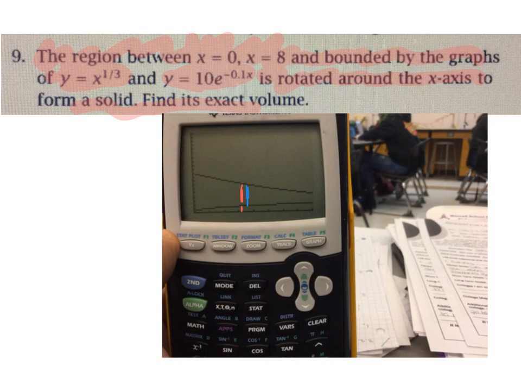So let's write down pi r squared, which is the top function, 10 minus e to the negative 0.1x, being squared, minus x to the 1/3, and I don't want to write pi twice. And then we're going to do dx.